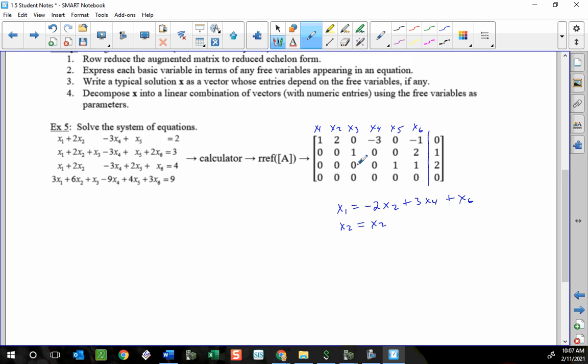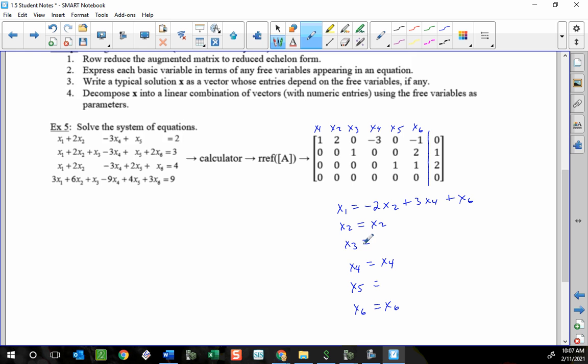Remember, my free variables are things without pivots. So x2 is free, x4 is free, and x6 is free. So x2, x4, x6.